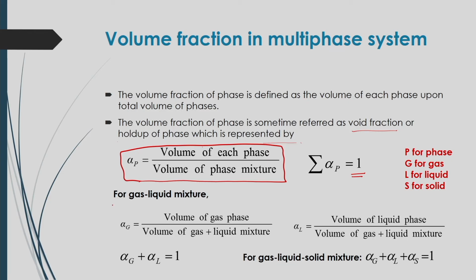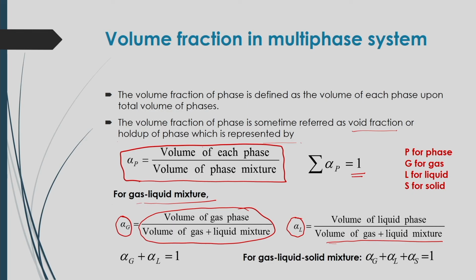Now, if you consider only a gas liquid mixture, what will be the volume fraction of gas? That will be denoted by alpha g. It will be calculated by volume of gas phase by volume of gas and liquid mixture. Similarly, volume fraction of liquid will be volume of liquid phase by volume of gas and liquid mixture.